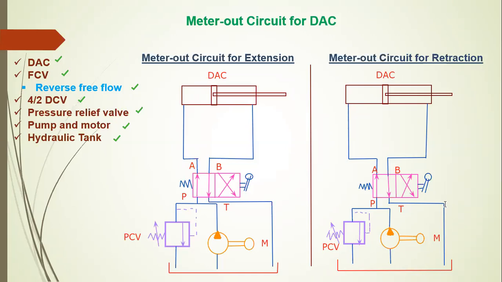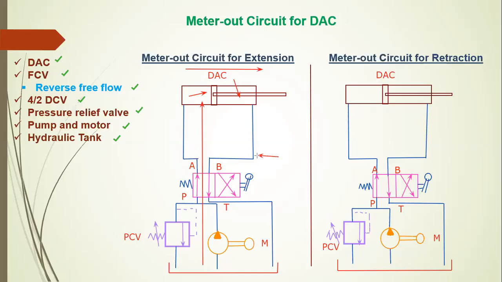Let's draw the meter out circuit for a flow control valve. Consider the flow path going in the forward direction. The hydraulic oil passes from the hydraulic pump to the DCV and from the DCV to the DAC. That condition is called inlet, and the movement of the piston is toward the right-hand side. So this position is called the out condition.